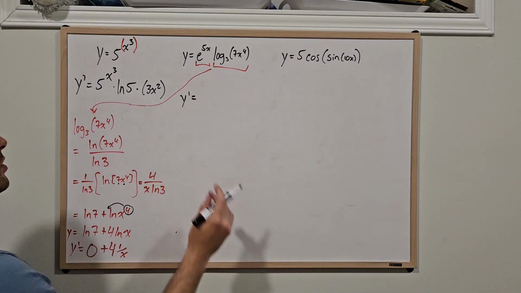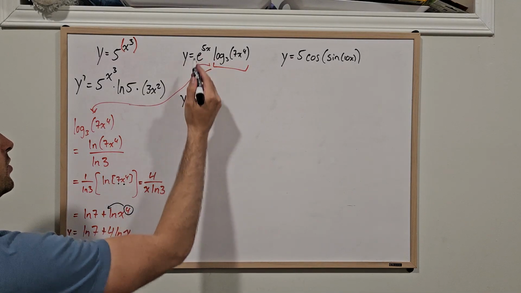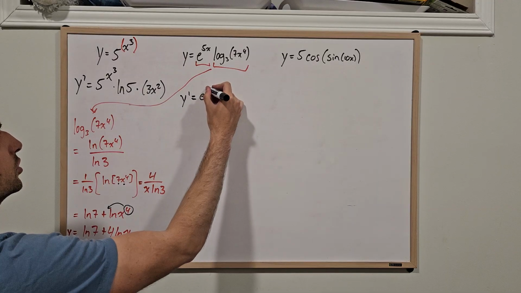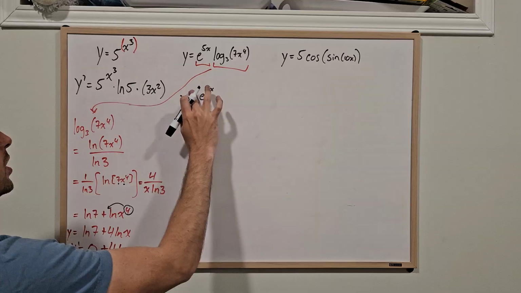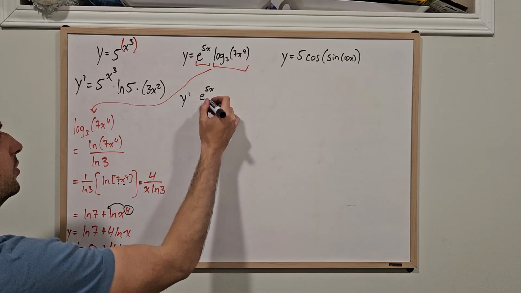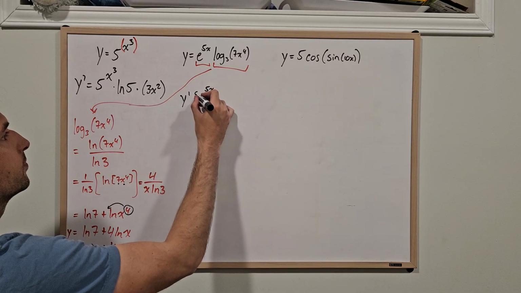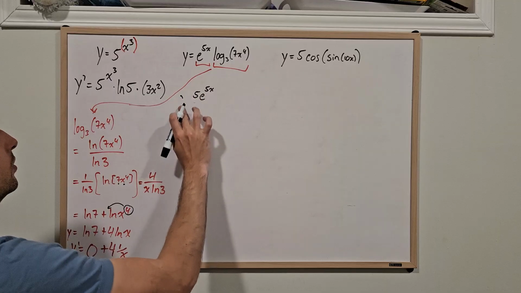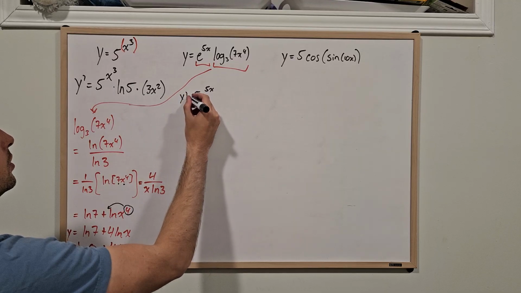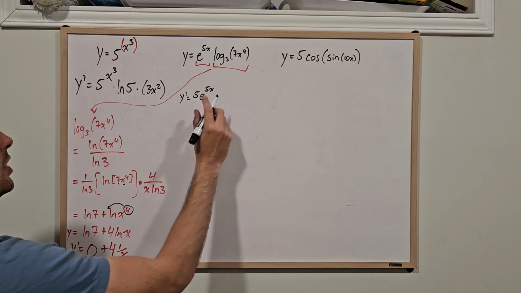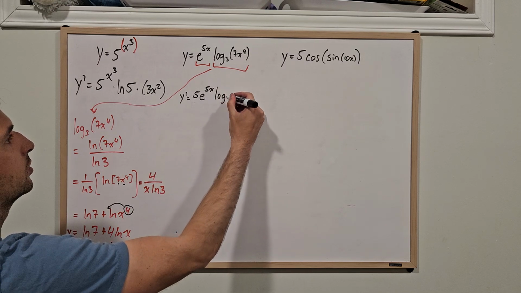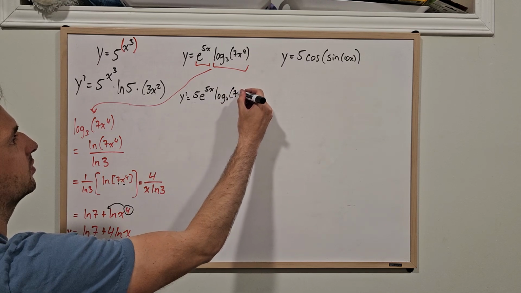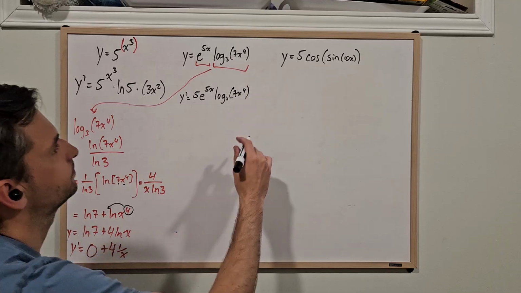So to do the product rule, I'm going to take the derivative of the first part, which is just going to be e to the 5x, multiplied by 5, the derivative of the top, right? Okay, just like that, leaving this part alone. So I have log base 3 of 7x to the 4.